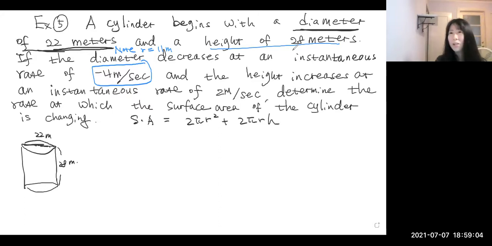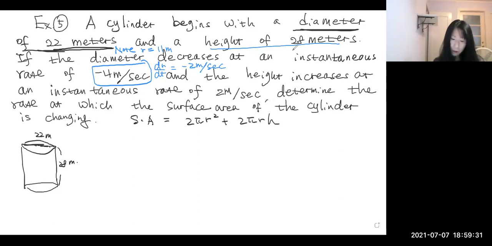Then how do we make it the radius? Yes, so we make dr over dt, which is negative 2 meters per second. Make sense? That's half too. Okay.